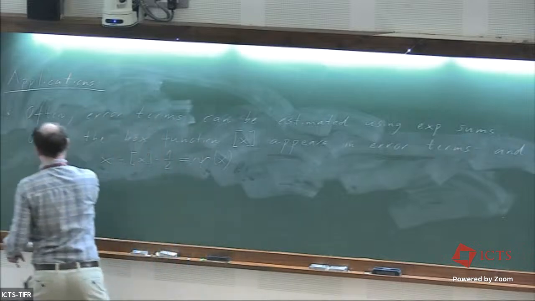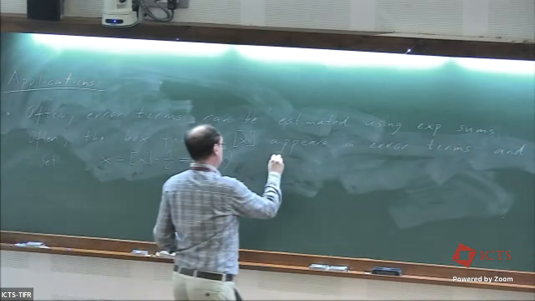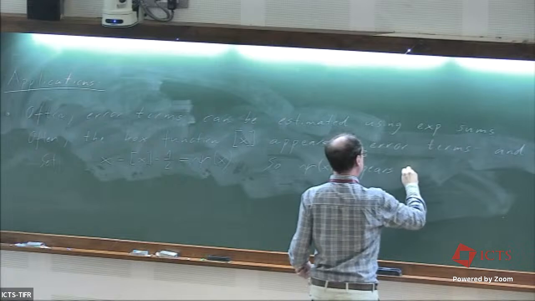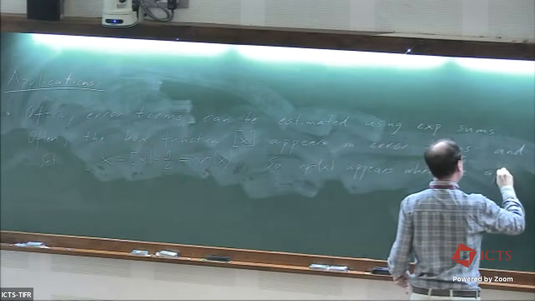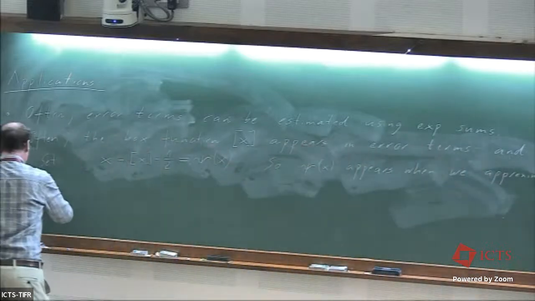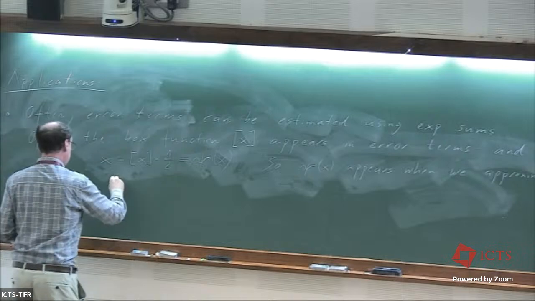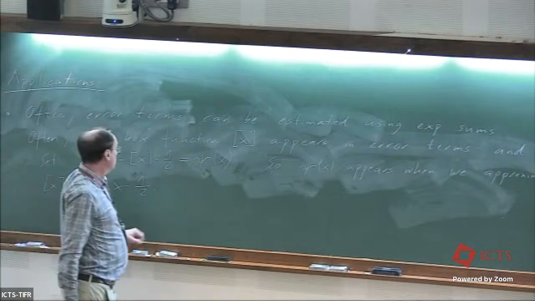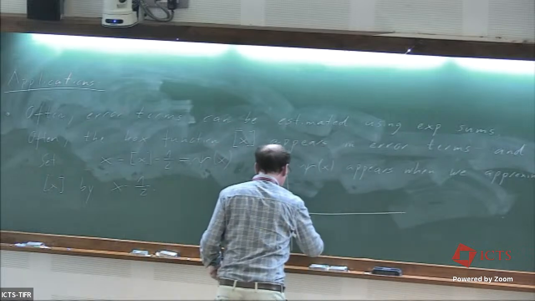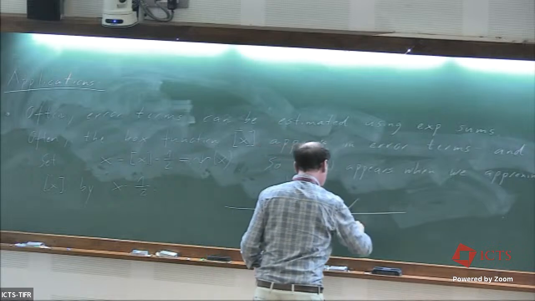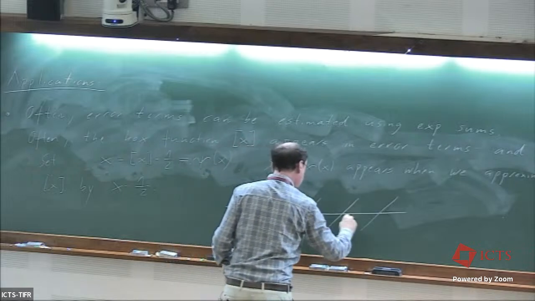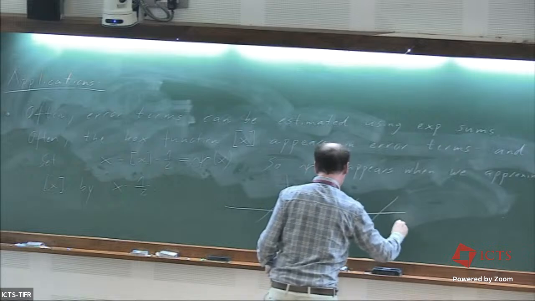This function psi of x, the so-called sawtooth function, looks like that, with marks at 0, 1, 2, 3.